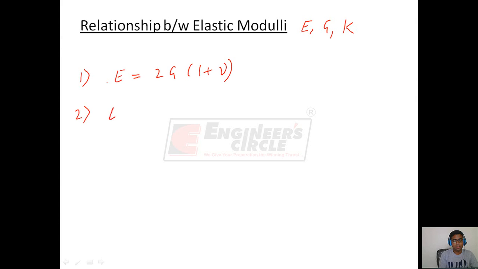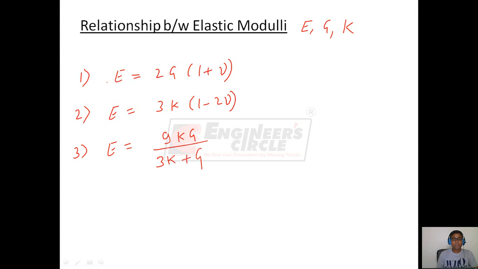The second relation is E equal to 3K into 1 minus 2 nu, and the third one is E is equal to 9KG upon 3K plus G. So if any two quantities, that is either E, G or nu, are given, then we can find the third one using these relations.